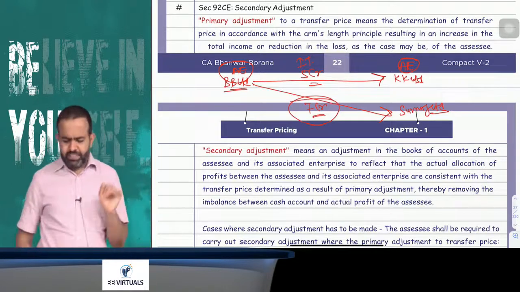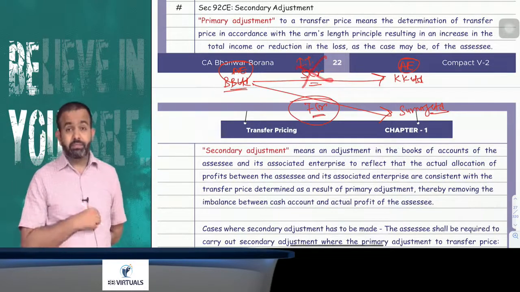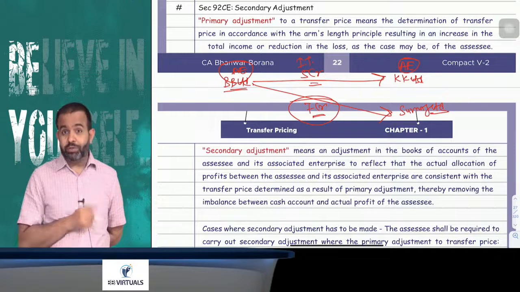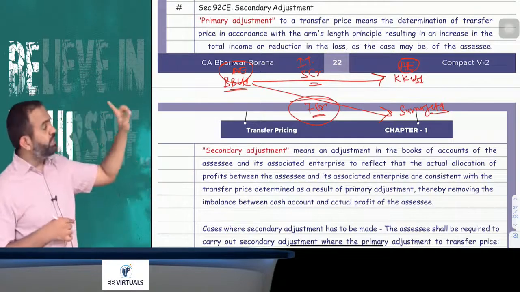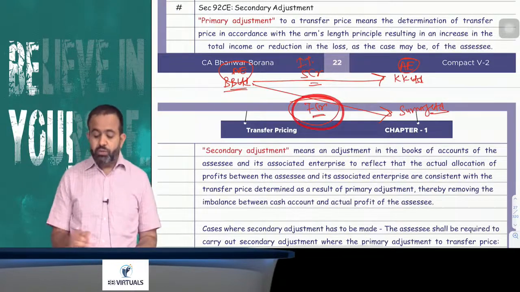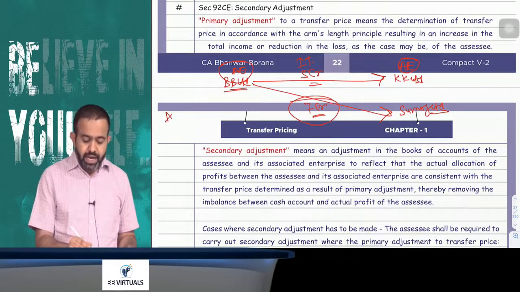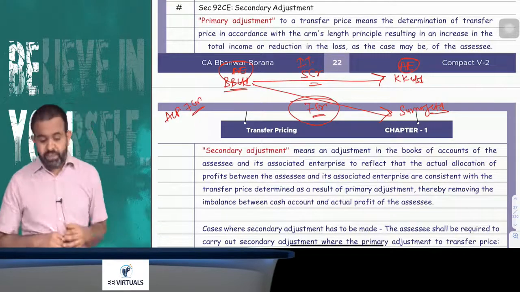So can I say that this 5 crore is not a true price? Our arm's length price should be 7 crore because we are selling to our associate enterprise, we are charging only 5 crore. But when we are selling to an outsider, we are charging 7 crore. So in simple words I can say that arm's length price is 7 crore. So what will happen in this particular case?